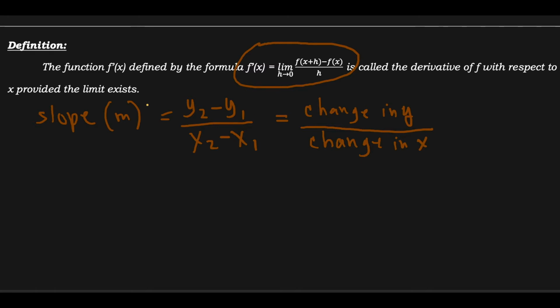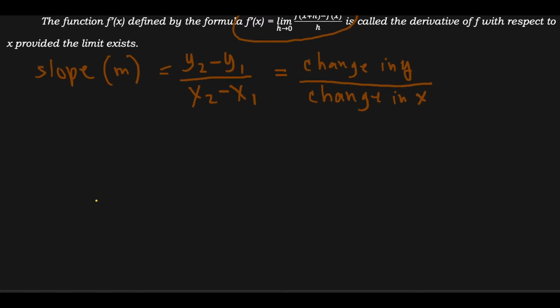Remember that in high school, when you are determining the slope of the line, we are talking of a secant line. A secant line is a line that intersects a curve in 2 points. For example, this is a curve, and this is a secant line because the intersections here are 2 points.